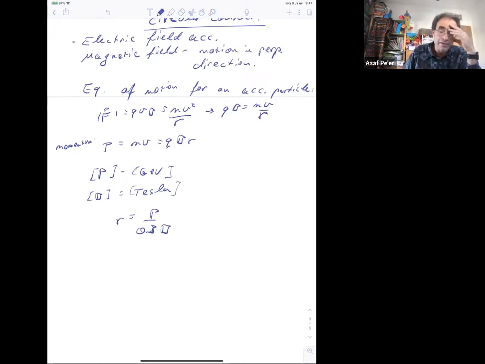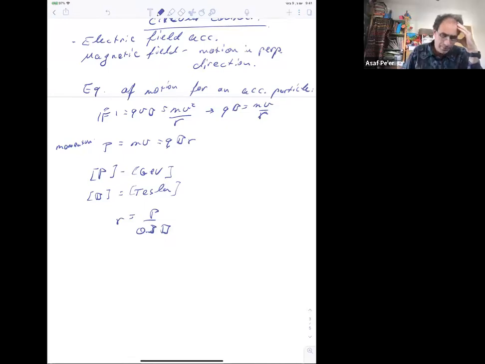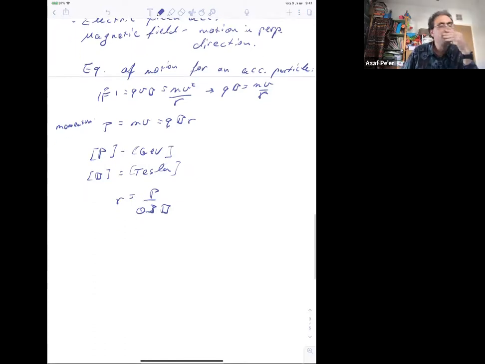That relates the radius of curvature to the momentum of the particle and the magnetic field that you have there. Okay. Now, what's the main problem? What's the key problem with these accelerators? Actually, there are many problems, but what is the immediate one to see?